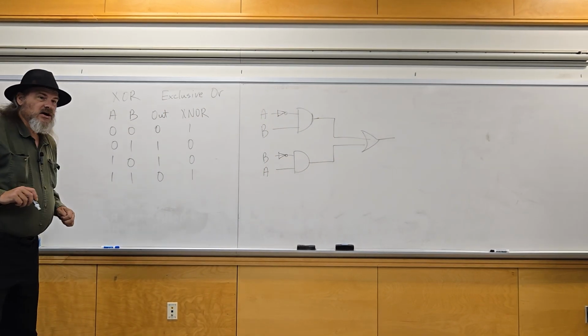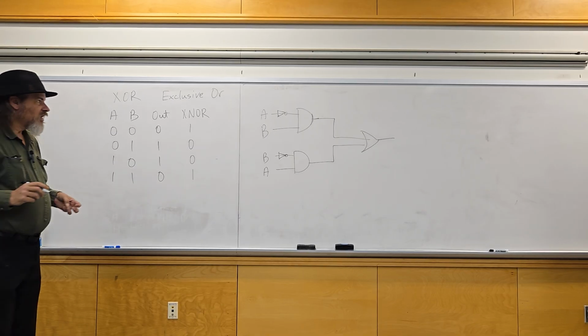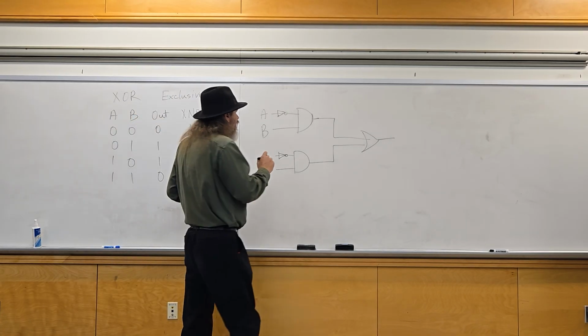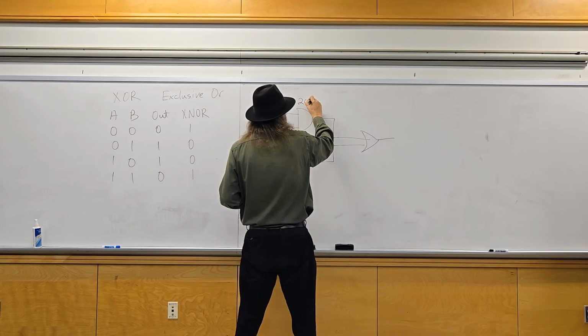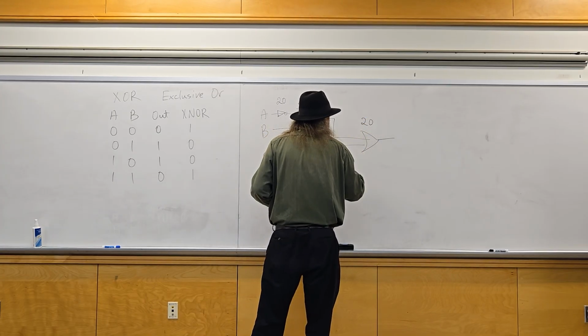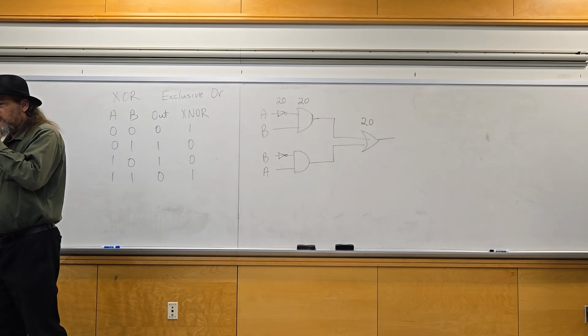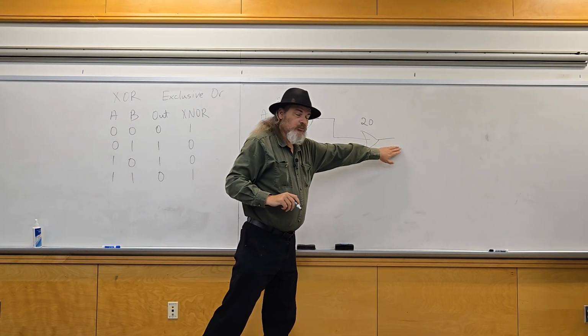Say you have a propagation delay of 20 nanoseconds per gate, which is kind of slow, but not unheard of. You'd have 20 here, 20 here, and 20 here for a 60 nanosecond delay between valid inputs and a valid output.